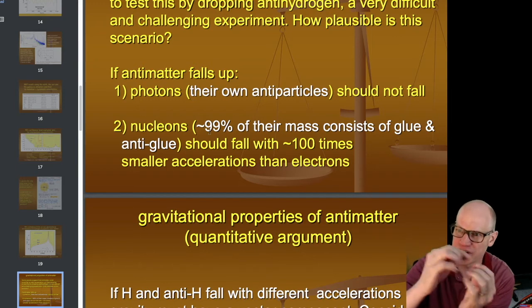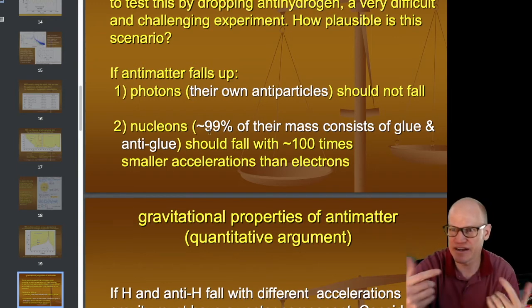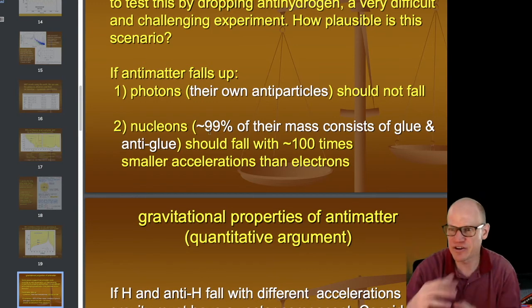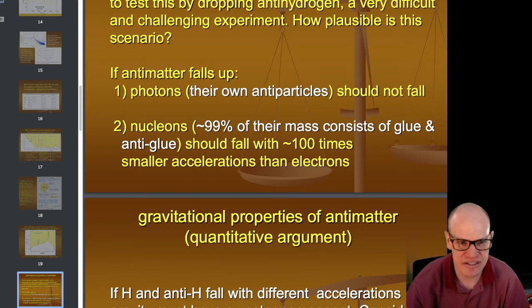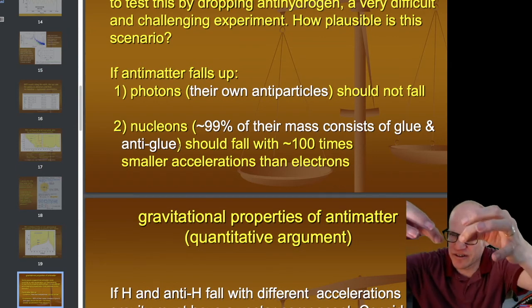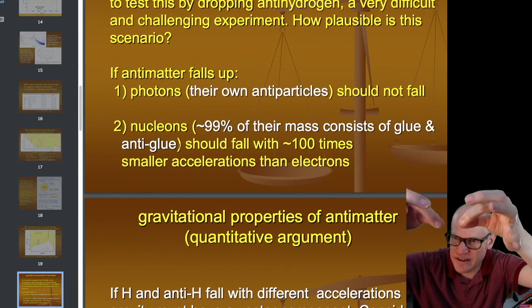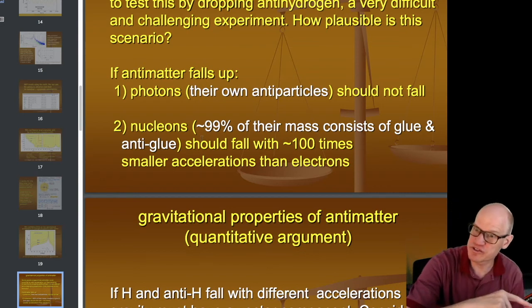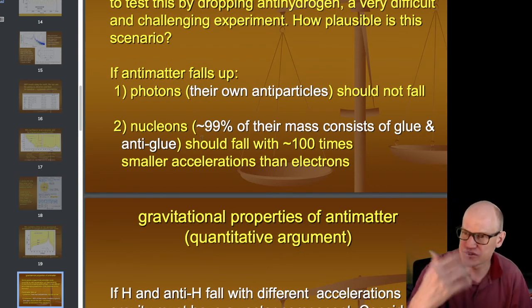Those two things should fall in opposite directions if antimatter falls at a different rate. The gluons and the anti-gluons should fall in opposite directions, and therefore they cancel each other out to some extent, where the electrons don't have that cancellation. And so if you were to drop an electron and a neutron, the electron would fall under gravity 100 times faster than the nucleon does. And that would show up in those equivalence principle measurements where you have more neutrons relative to electrons.